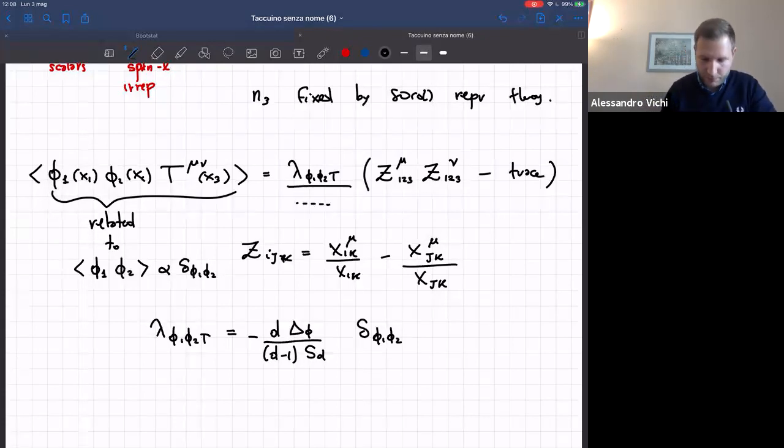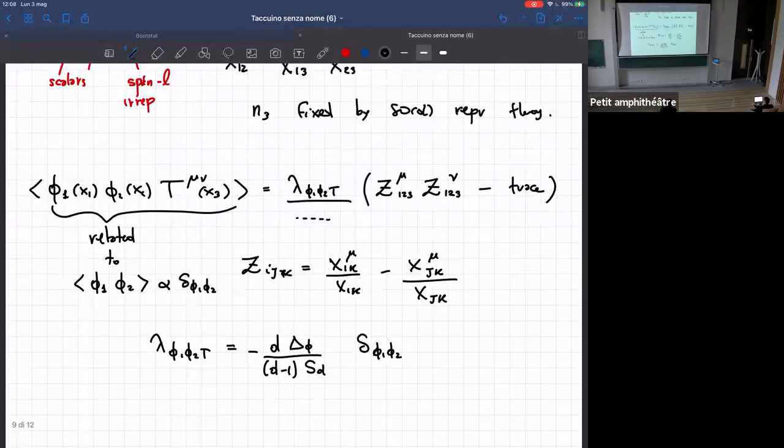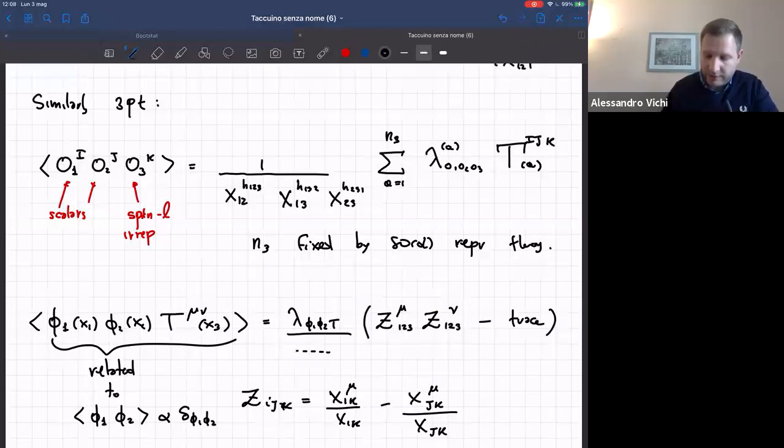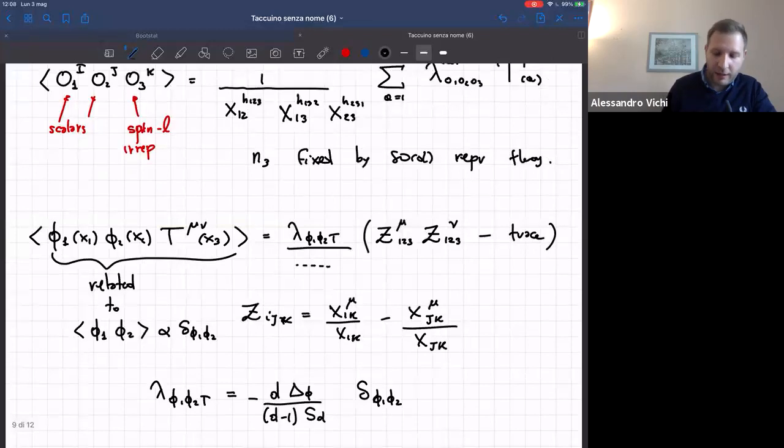Now, the important point of this discussion. Sorry, a quick question. Yes. Because in 2D there is the central charge, if I'm not wrong. It will be 2 delta over c. So the central charge does not appear here. No, well, it depends. If you rescale T such that the 2-point function of T is 1, then the central charge would appear here, square root of.